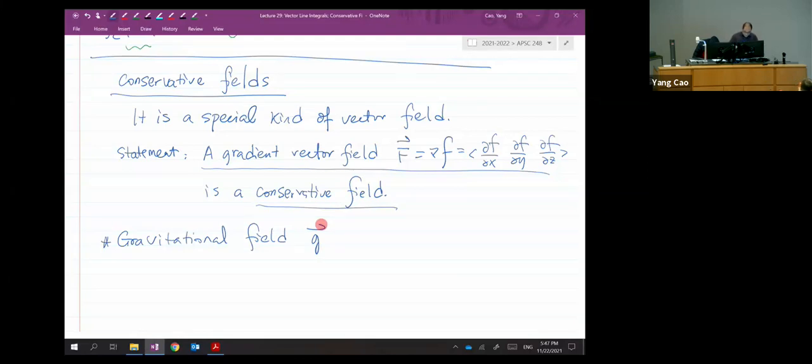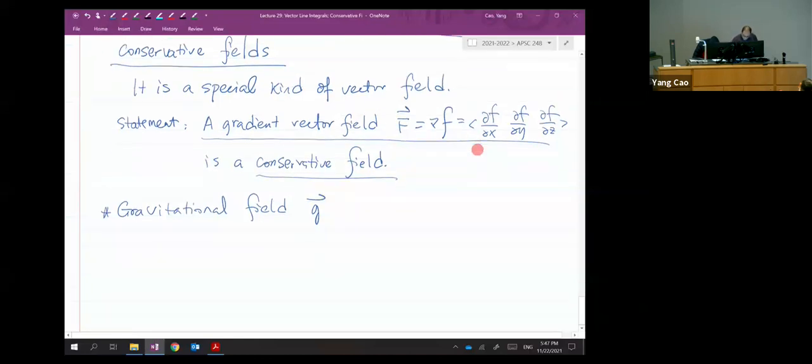First of all, we have a so-called V function, which can be defined as a scalar function, negative GM over R. G is the gravitational constant, M is the mass of the Earth, and R is the distance from the center of Earth to wherever the point of interest is.